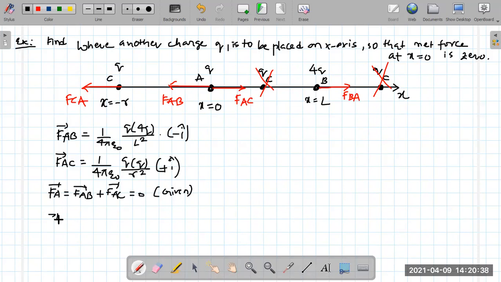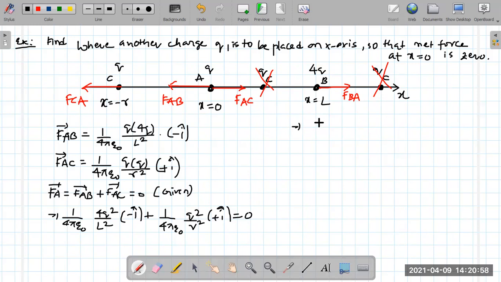So as per this logic, what we can say? 1 by 4 pi epsilon naught 4q square by L square in minus i cap direction plus 1 by 4 pi epsilon naught q square by R square in plus i cap direction is equal to 0. If you simply compare the magnitudes, 4q square by L square is equal to q square by R square.